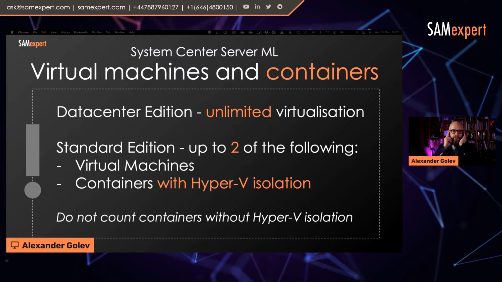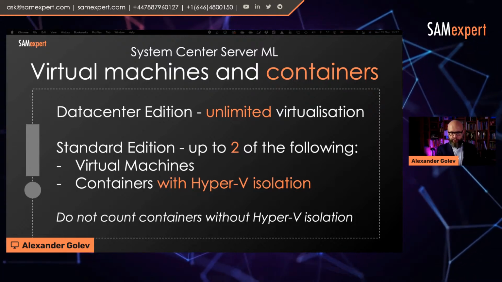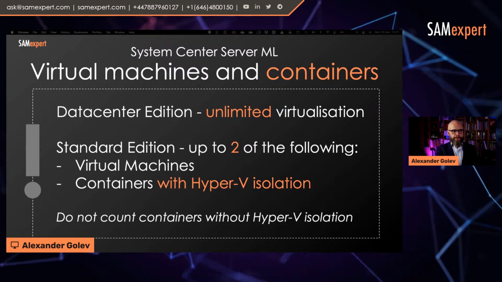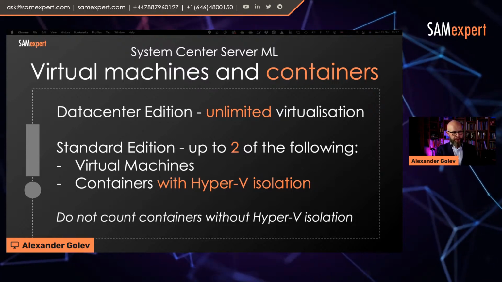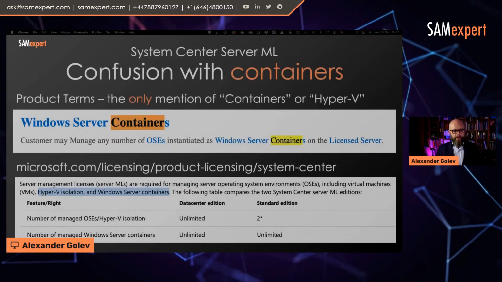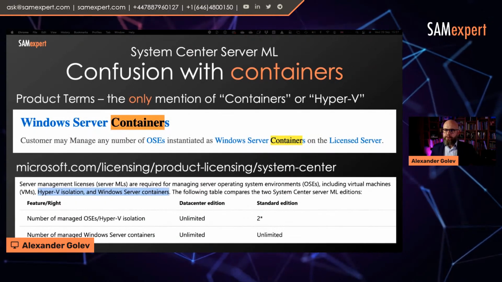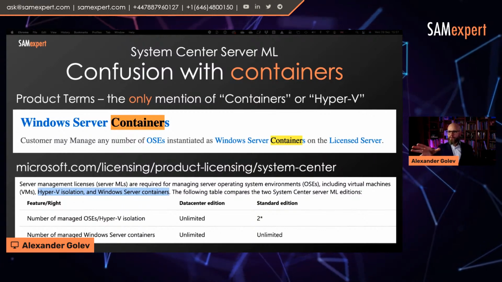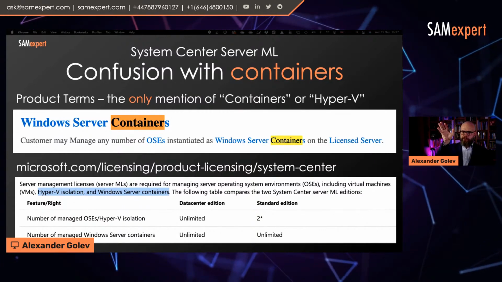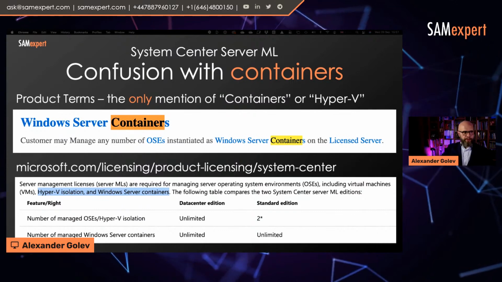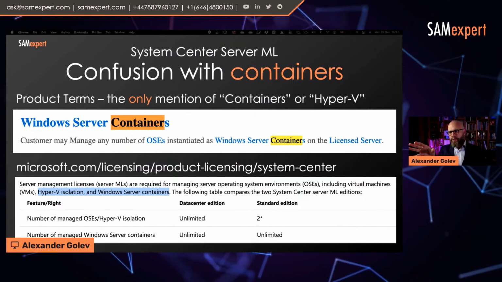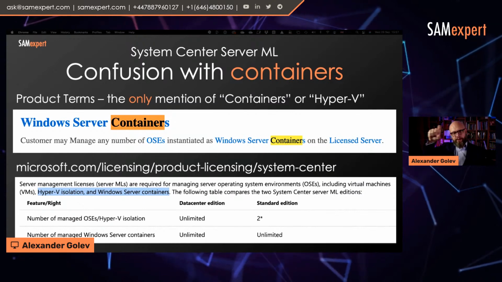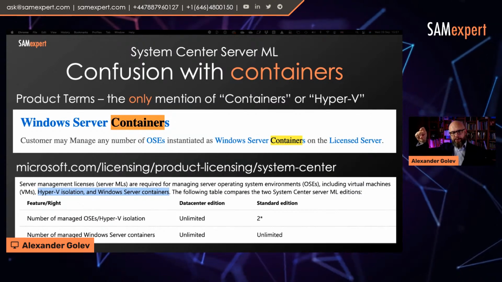So I need to introduce to you some of the absolutely bonkers Microsoft terminology. Look at this. I went to product terms and System Center just to clarify. Always before this training, I clarify my knowledge just to make sure I'm not talking nonsense.